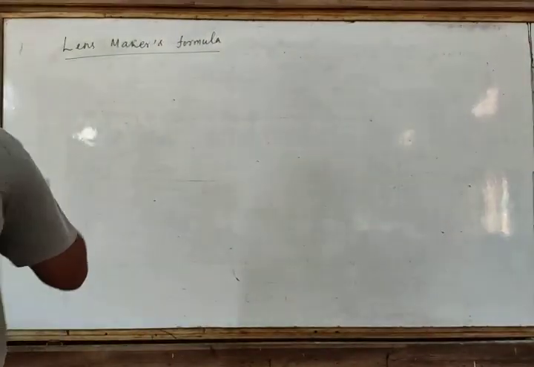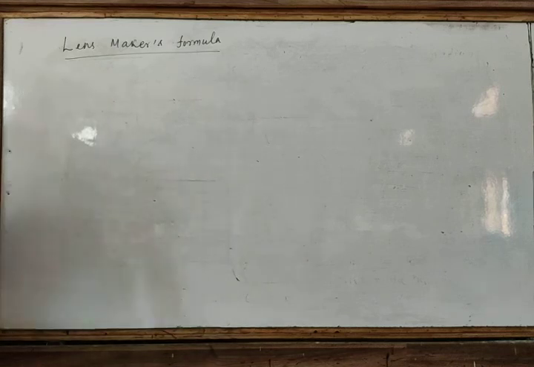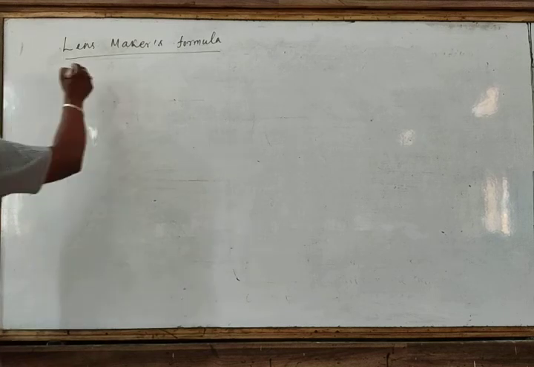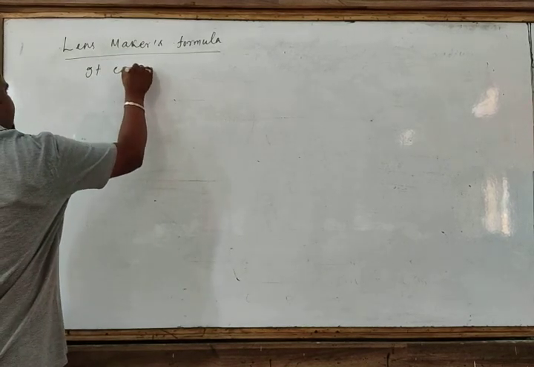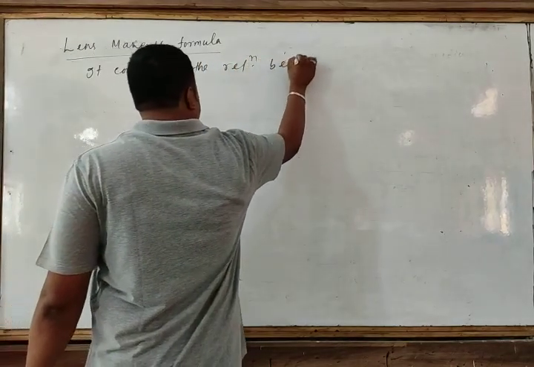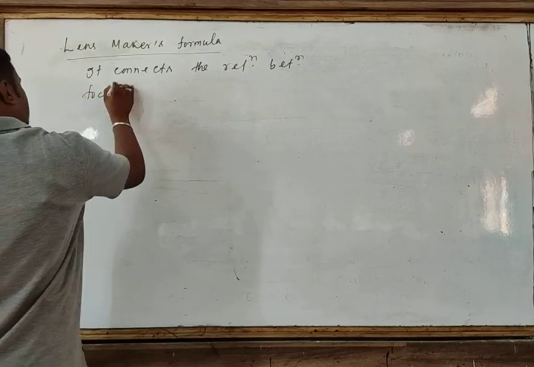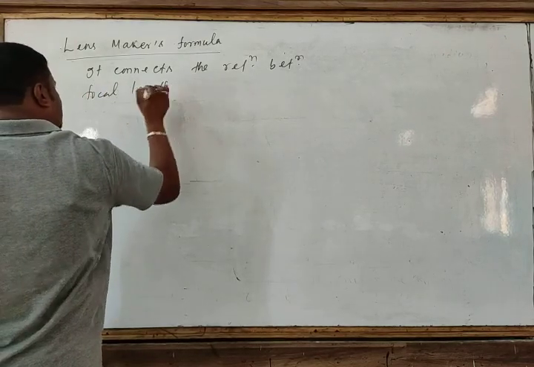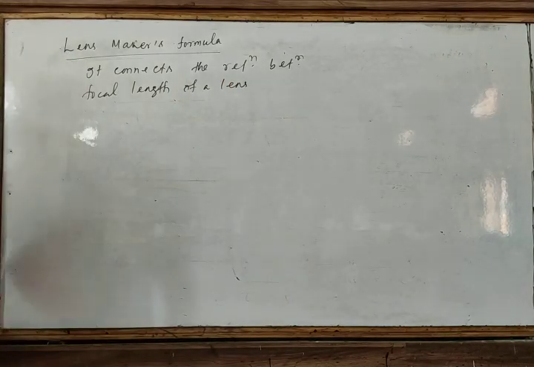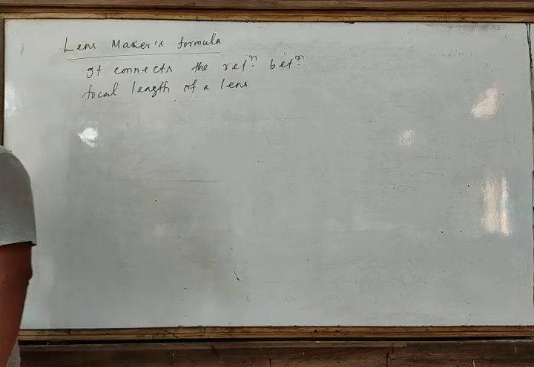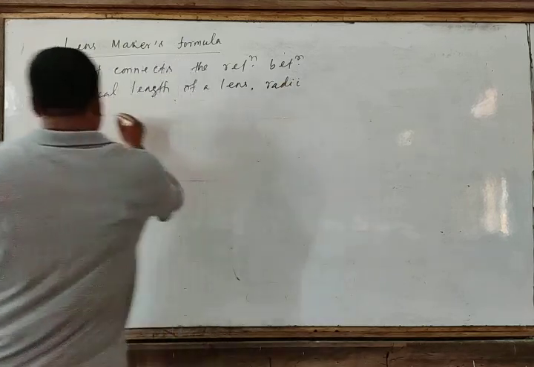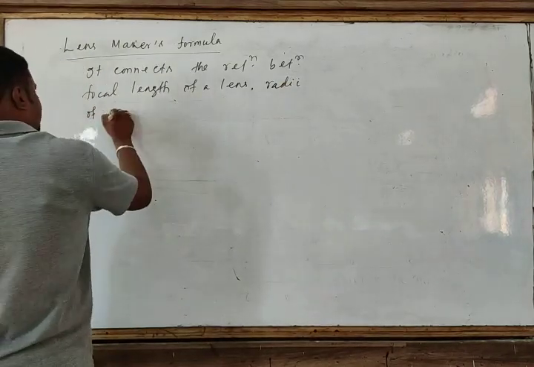The Lens-Maker's formula is a relation that connects the focal length of a lens to the radii of curvature. There are two radii of curvature.